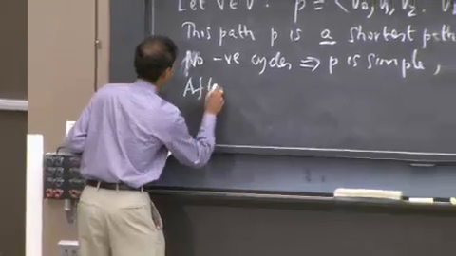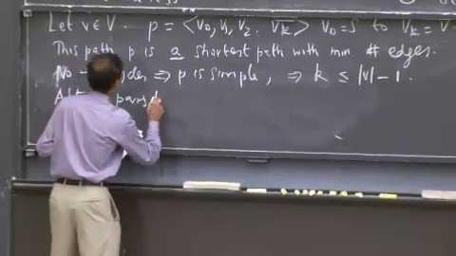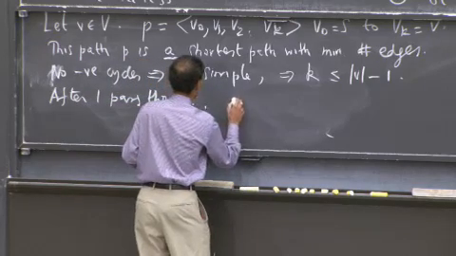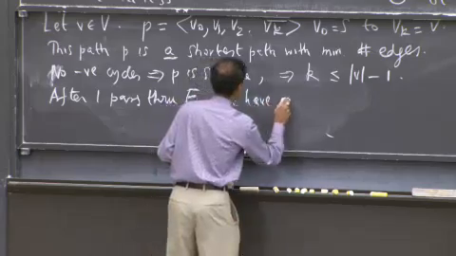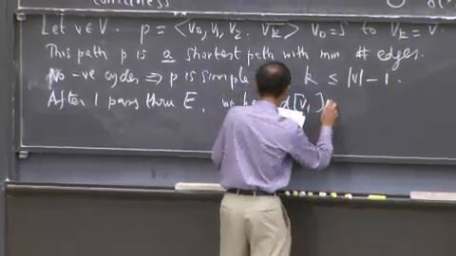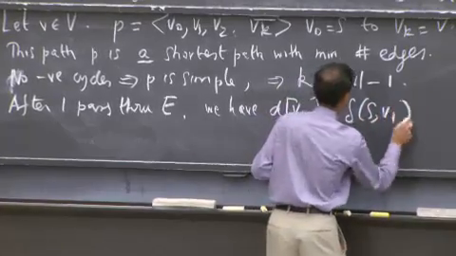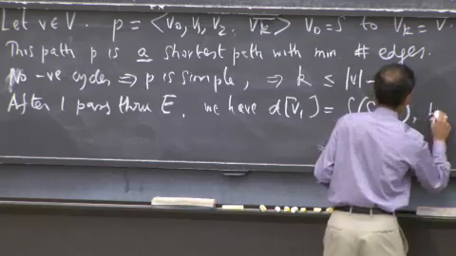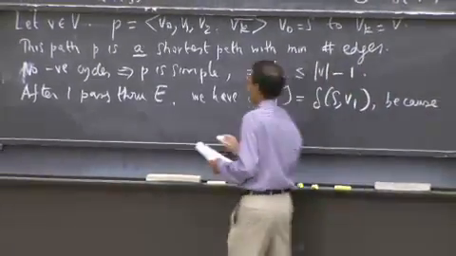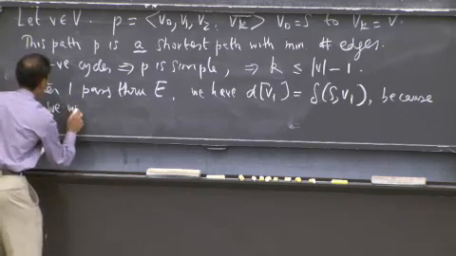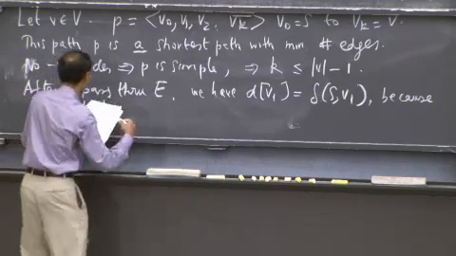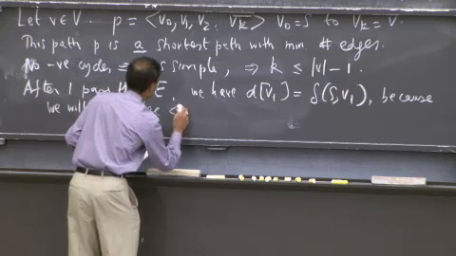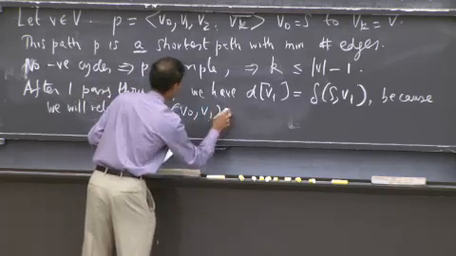So after one pass through all of the edges E, we have d of V1 to be delta S V1. And the reason for this is because we're guaranteed to relax all the edges, and we will relax the edge V0, V1 during this pass.